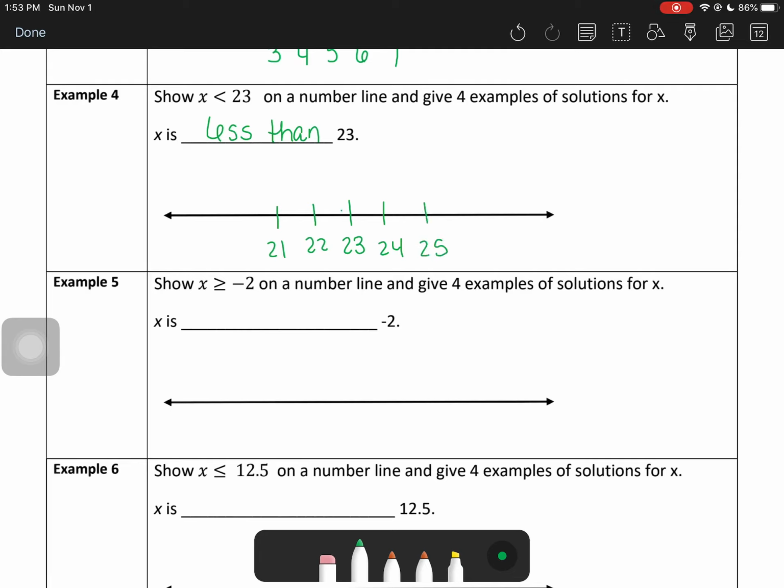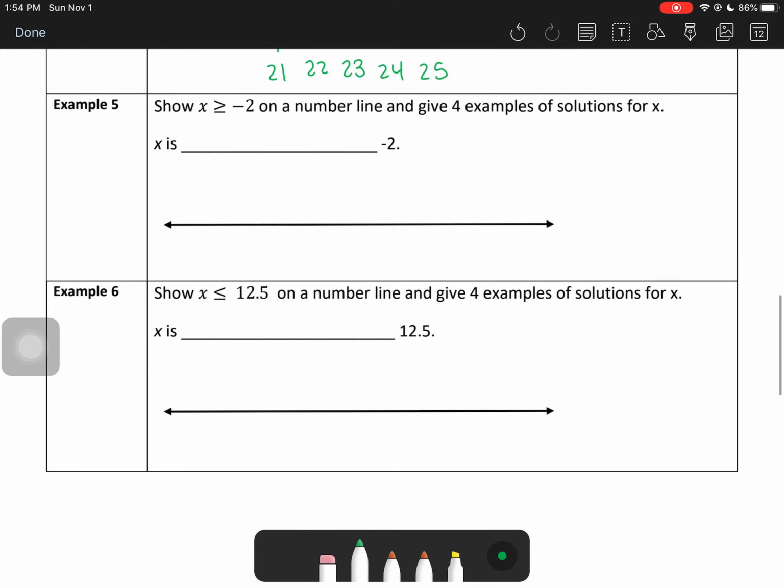We're going to do an open circle on 23, and this time it says less than 23. We want the values that are smaller. Give 4 examples of numbers that are smaller than 23. 22, 21, 20, 19, and so on. Any numbers that are smaller than 23.